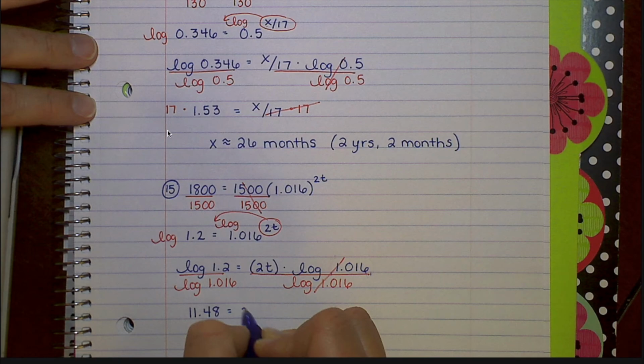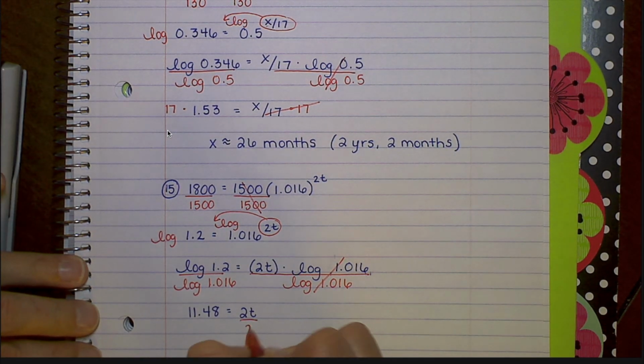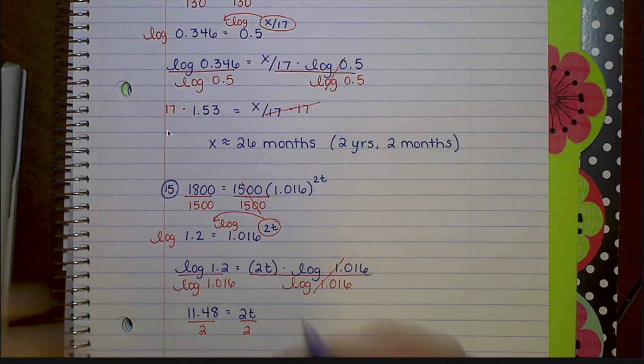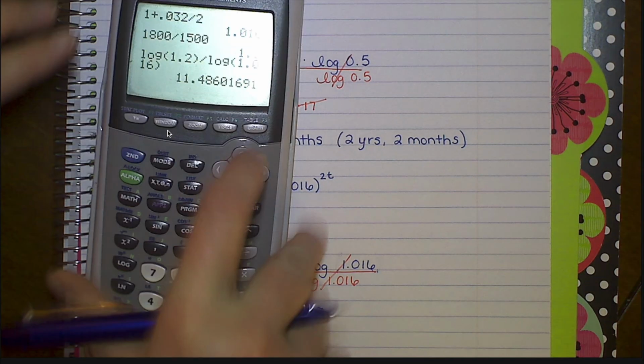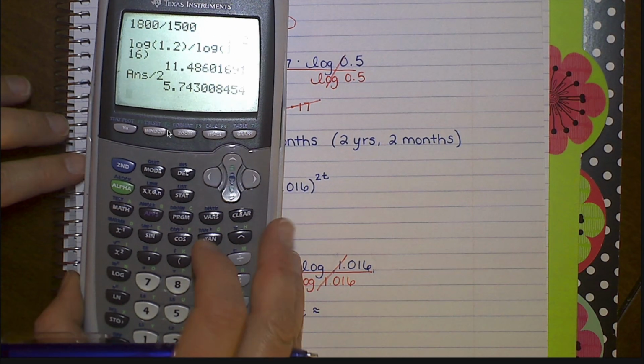So notice that's equal to 2t. So then at this point, I want to go in and divide by 2 on each side. And I end up with t is about equal to, let's take that and divide it by 2, 5.74.